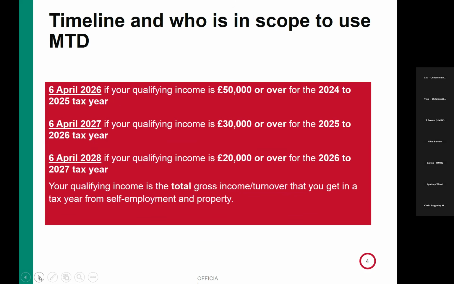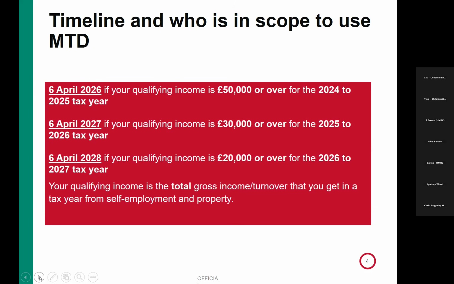Onto the timeline and who is in scope to use MTD. Well, as stated there, for some, this is a change that's very imminent. For others, there is a significant lead-in time. From April 26, which, as I keep reminding myself, is less than 2 months away, self-employed individuals and landlords with income from self-employment and/or property that totals over £50,000 for the 24 to 25 tax year will have to use MTD.